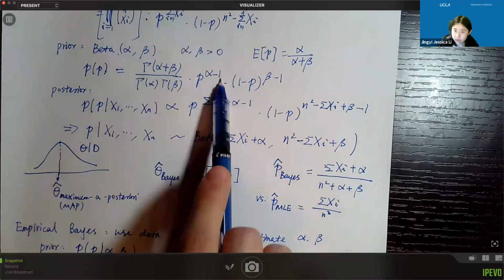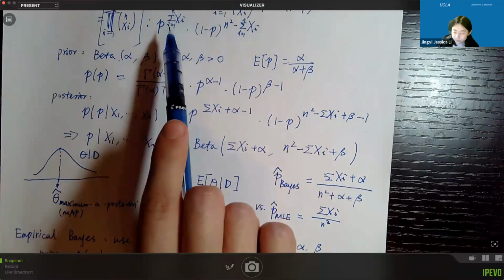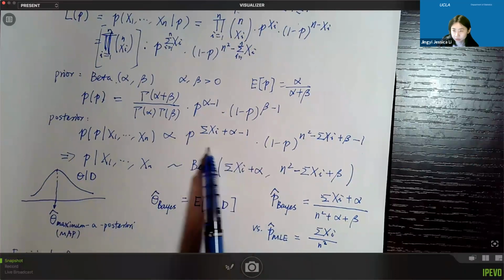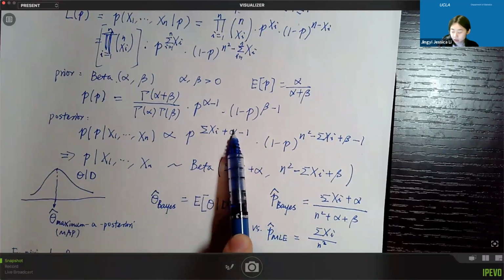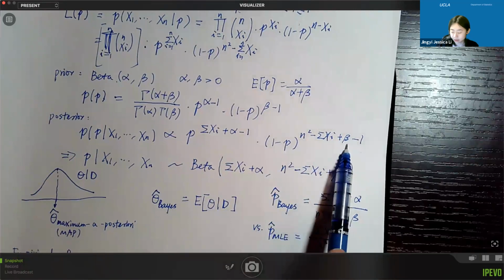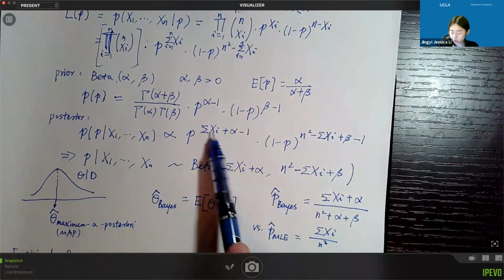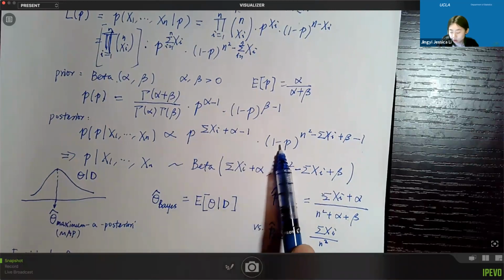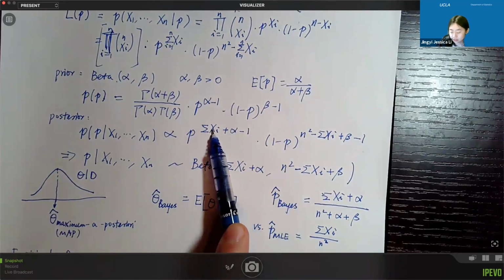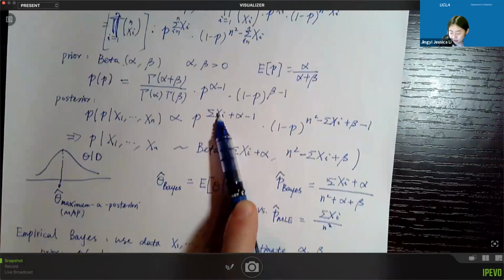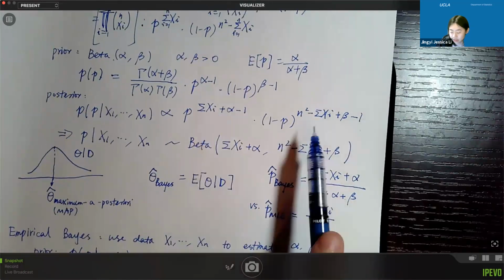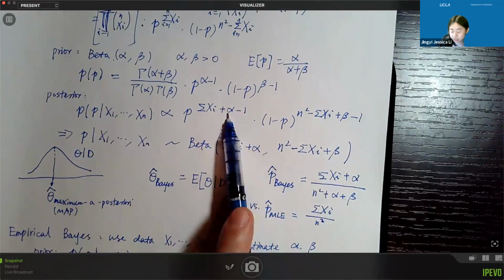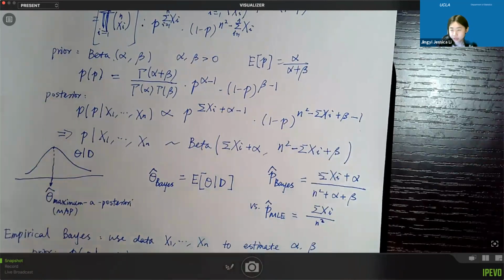Multiply those two, and you can see that the function is like the posterior function, p to the power of something, 1 minus p to the power of something. And then you're going to do the integration of this. So after the integration, you are left with x's, right? They are still here. After the integration, the x's will stay here, alpha will stay here, beta will stay here. So you will get a function with x, alpha, and beta, but no longer p.